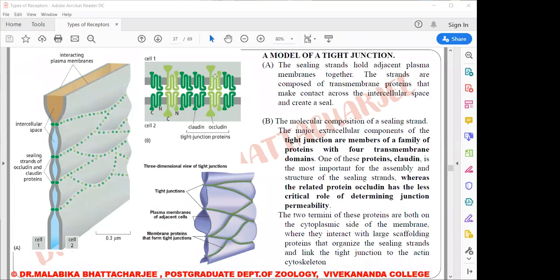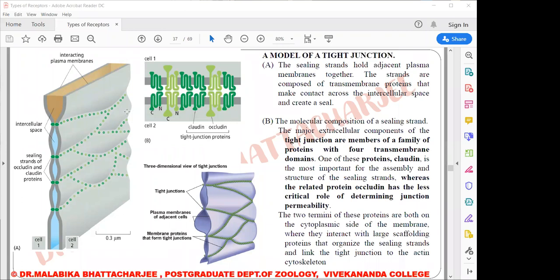If you remember a chain or a zip, it seems as if they are bound like a zipper belonging to the adjacent cells. The extracellular domain of these proteins, the domain between the cells, joins directly to one another to occlude or remove any space between them.